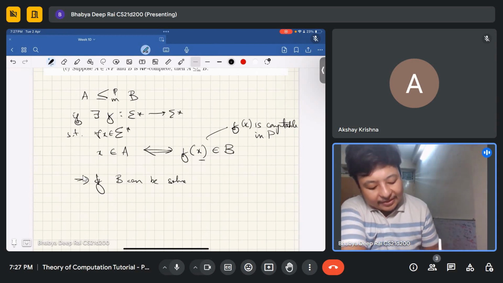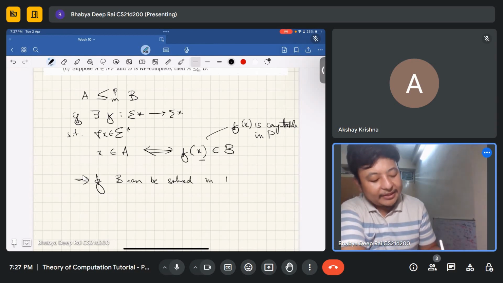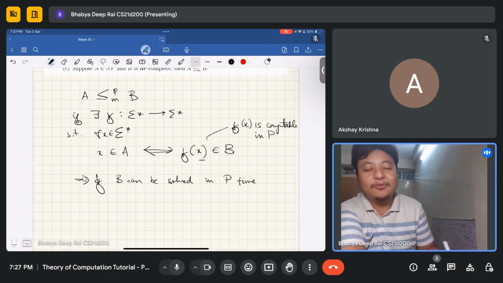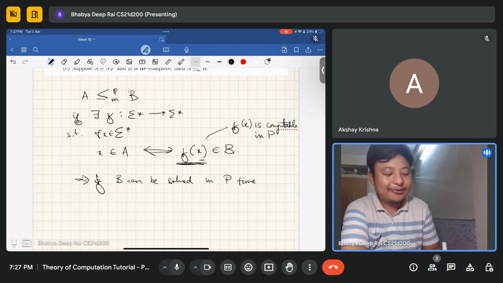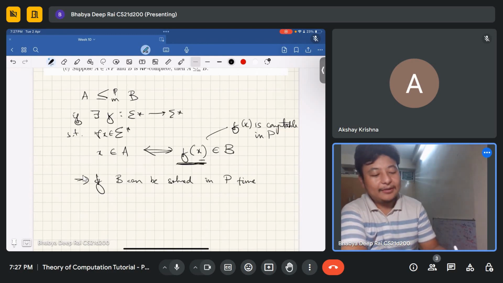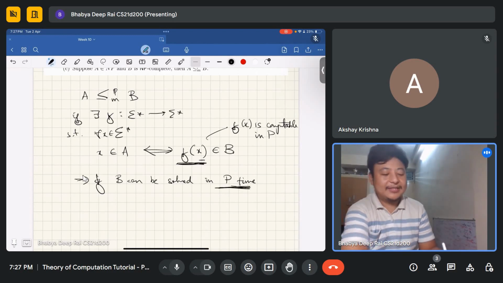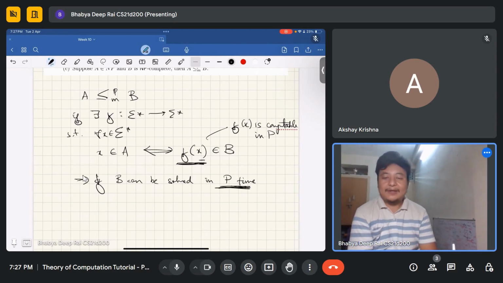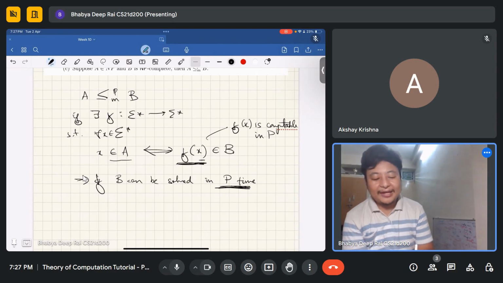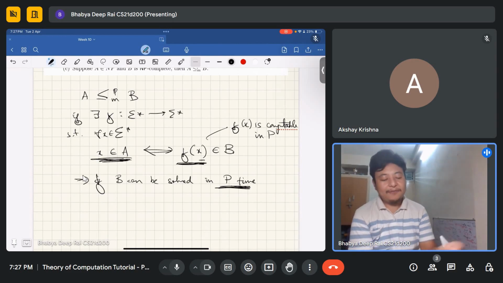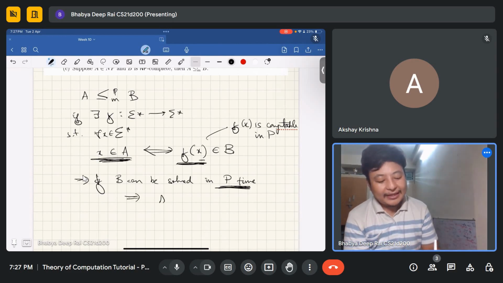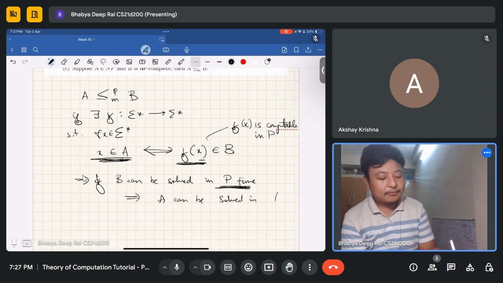So if B can be solved in deterministic polynomial time P, then this transformation I can do in polynomial time, and then I can decide F of X in P time, and that would mean that I could answer yes or no even for X, so even for A. So if B can be solved in P time, it means that A can be solved in P time.